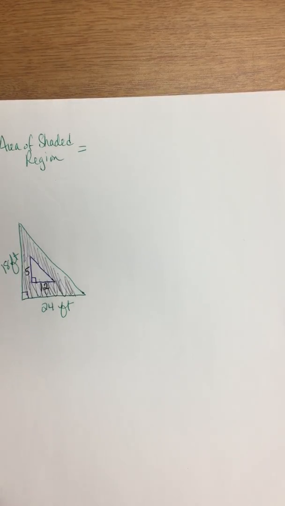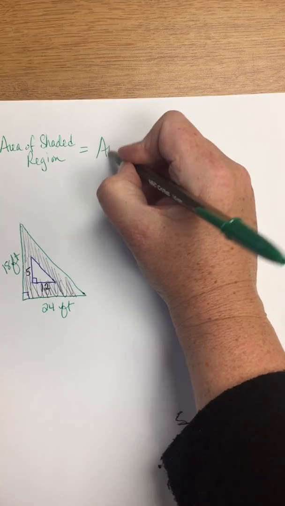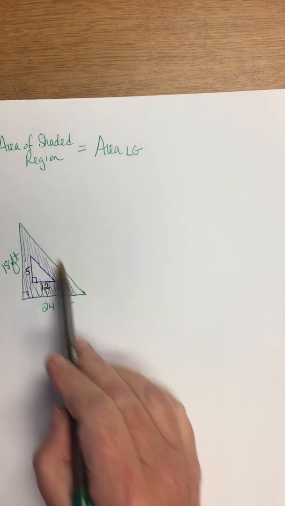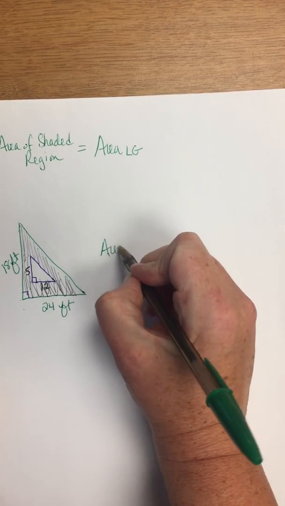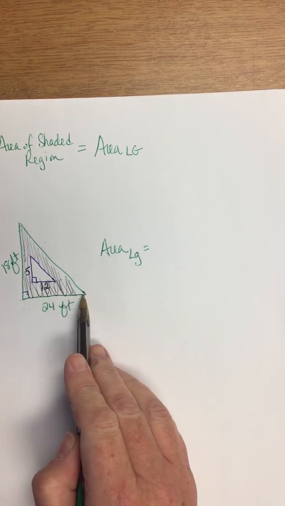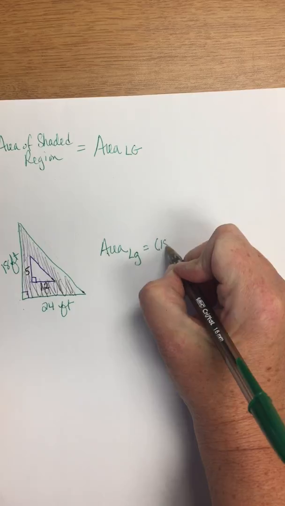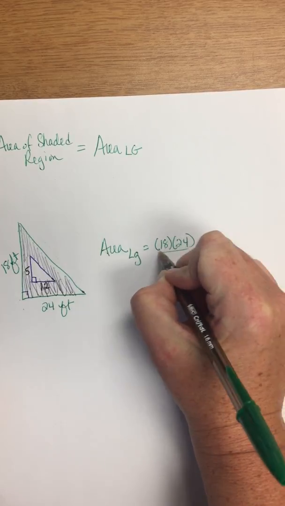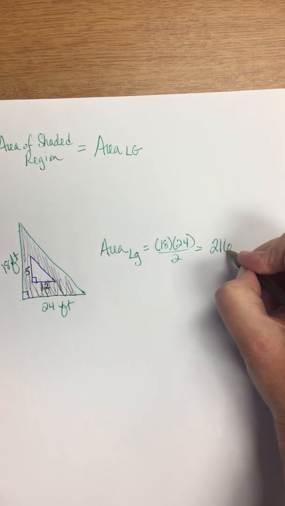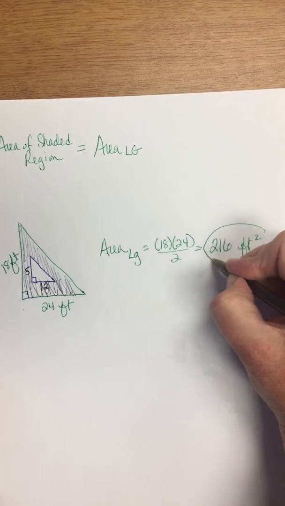What you would do is you would find the area of the large figure. So it would be the area of the large figure or the outside figure, which would be this big triangle. So we would find the area of the large, which would be base times height divided by 2. 18 times 24 divided by 2, which is 216 feet squared.